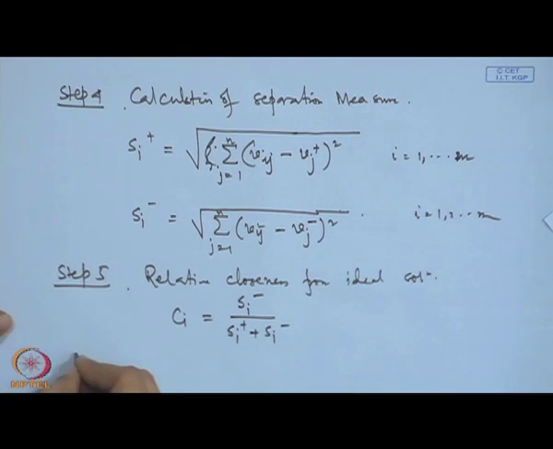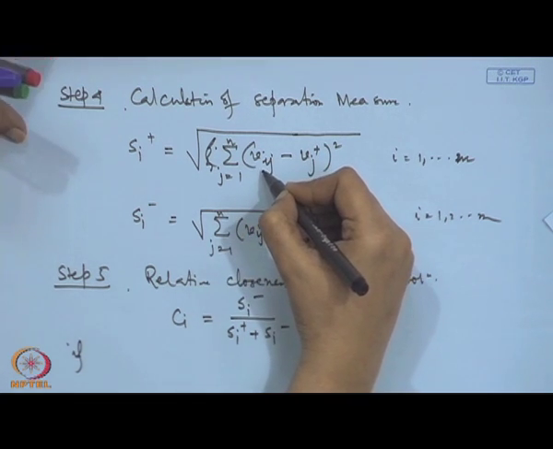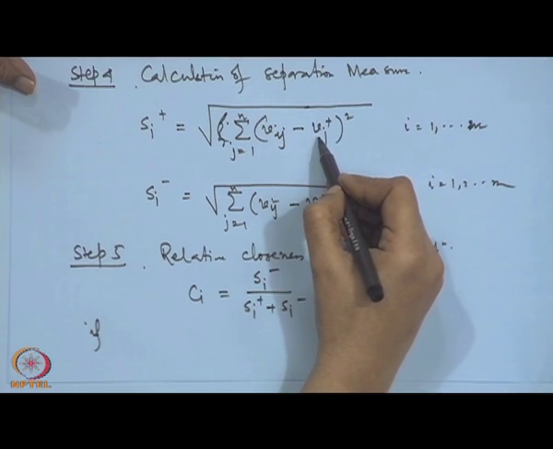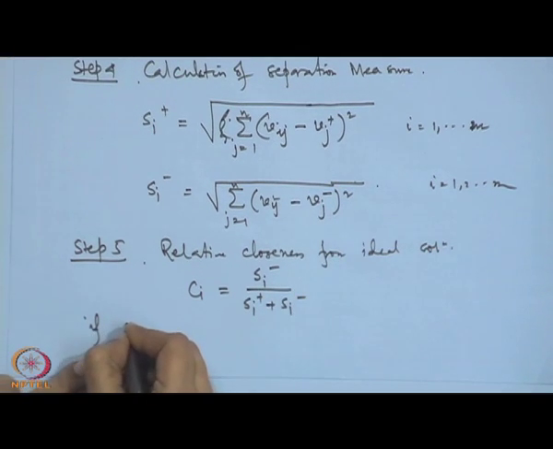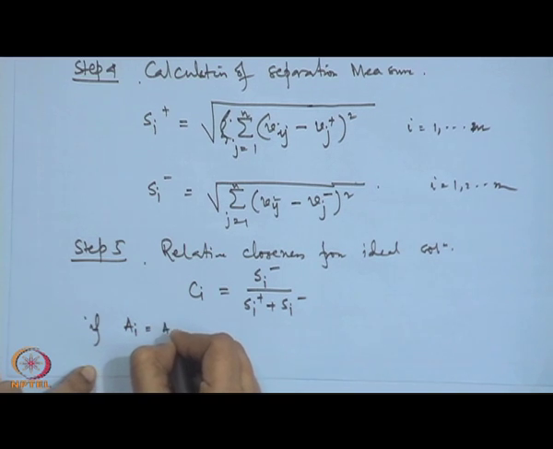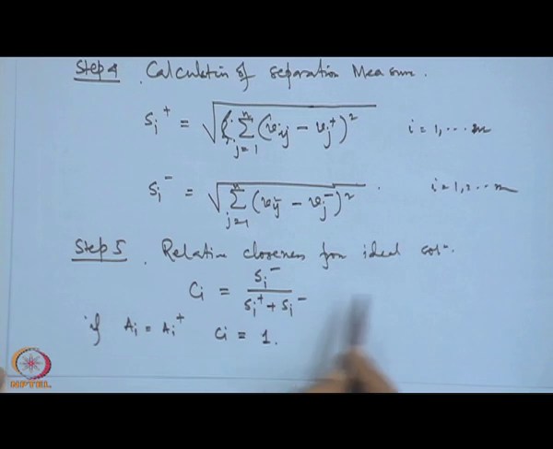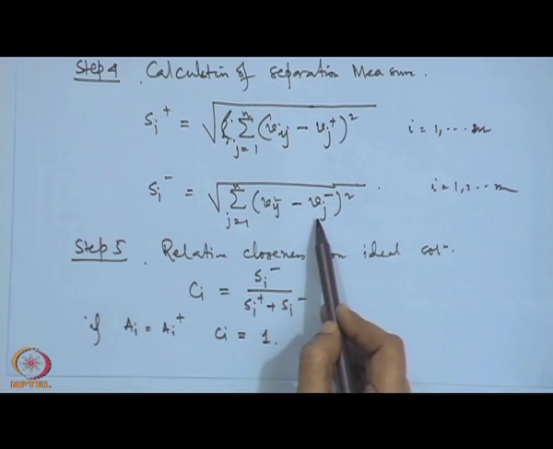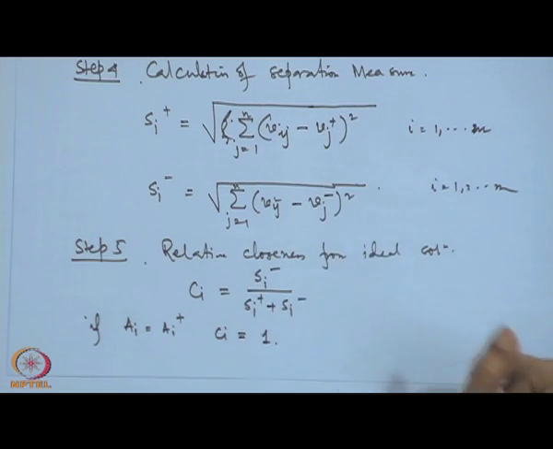We could see that if the elements are the ideal solution, that is Vj plus, in other words if the Vij is Vj plus, then we get Ci equal to 1, and if the elements are all the anti-ideal points, then the value of Ci would be 0, clear.